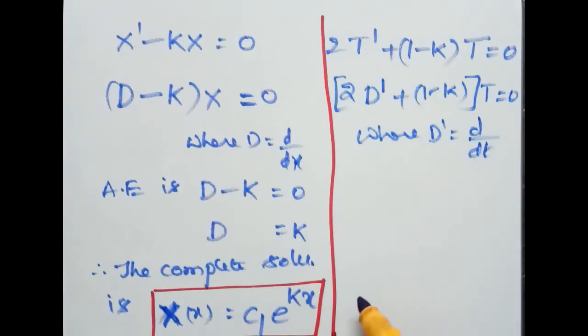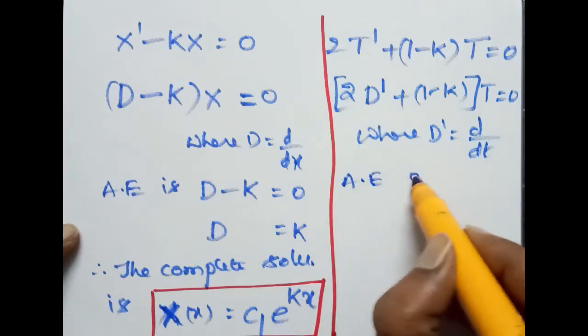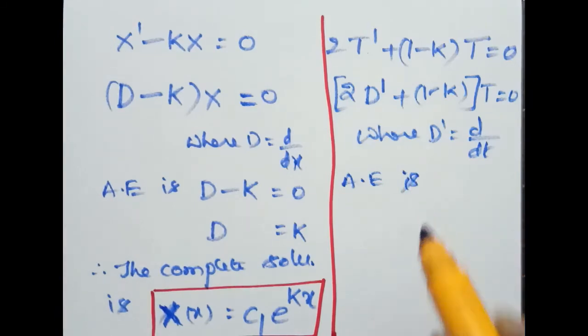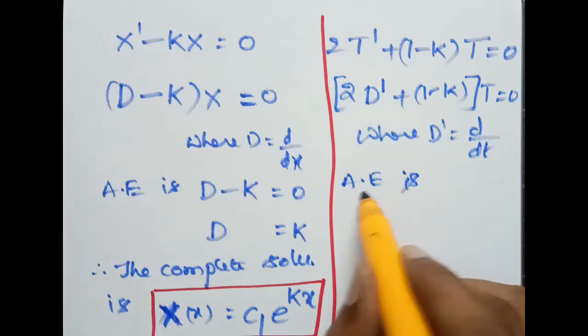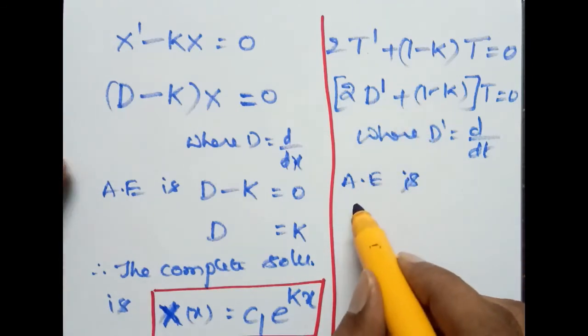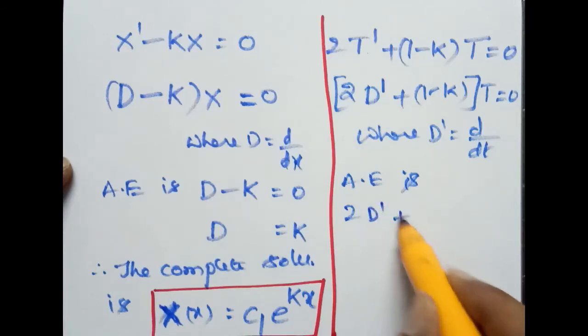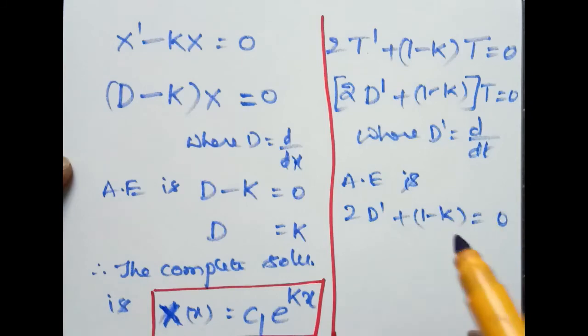Therefore the auxiliary equation is 2D dash plus 1 minus k equal to 0.